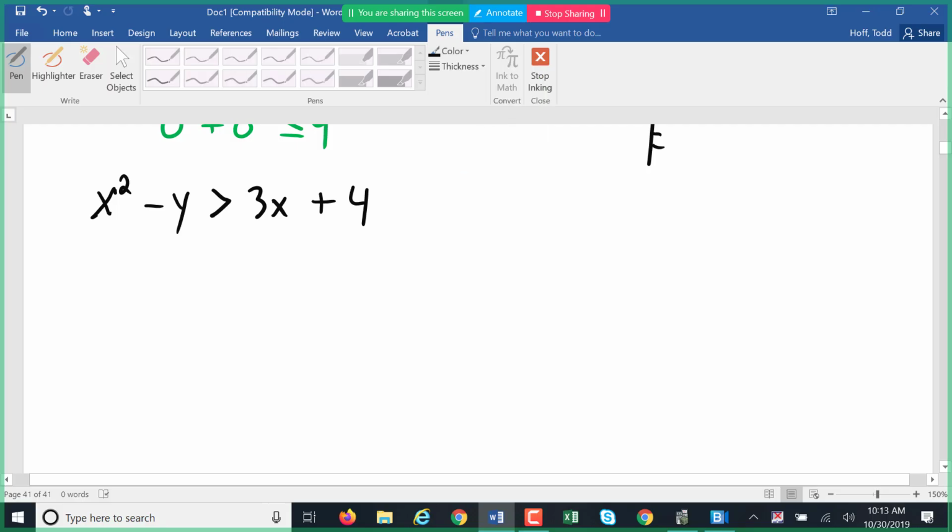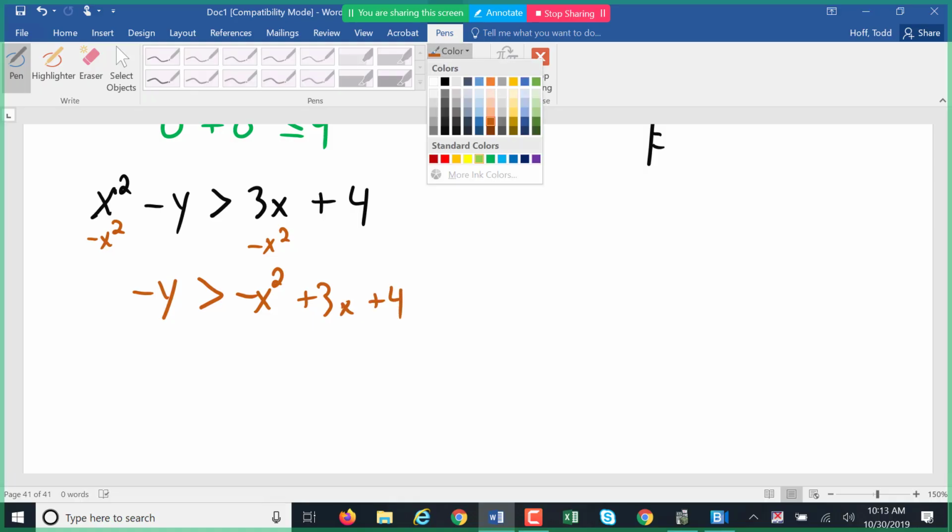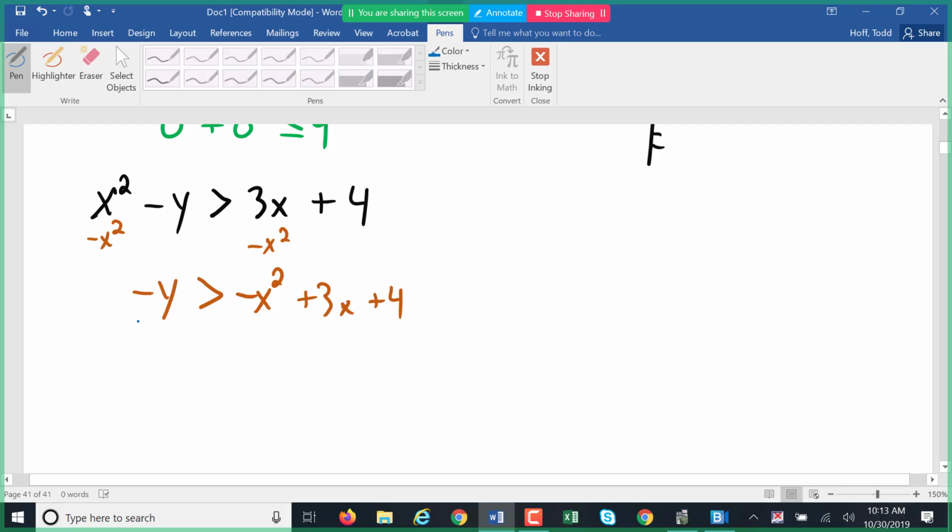So we need to get this into a standard form. That would be getting y by itself. So I'm going to subtract x squared from both sides here. I have negative y is greater than negative x squared plus 3x plus 4. Now it's a negative y. I don't want that, so I have to divide by negative 1 to make that just a y.